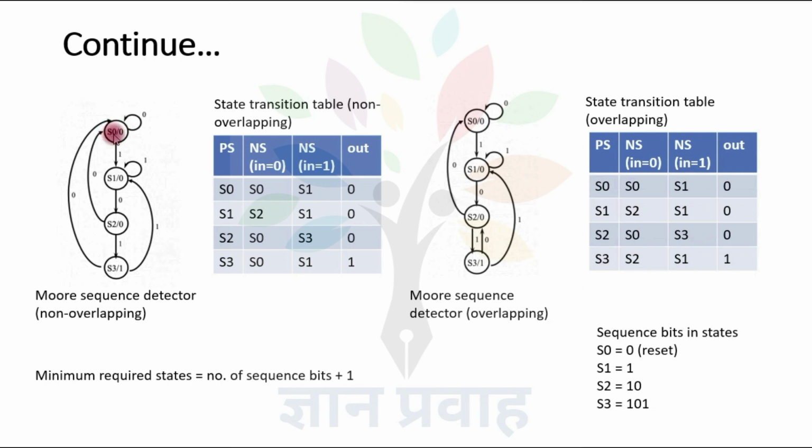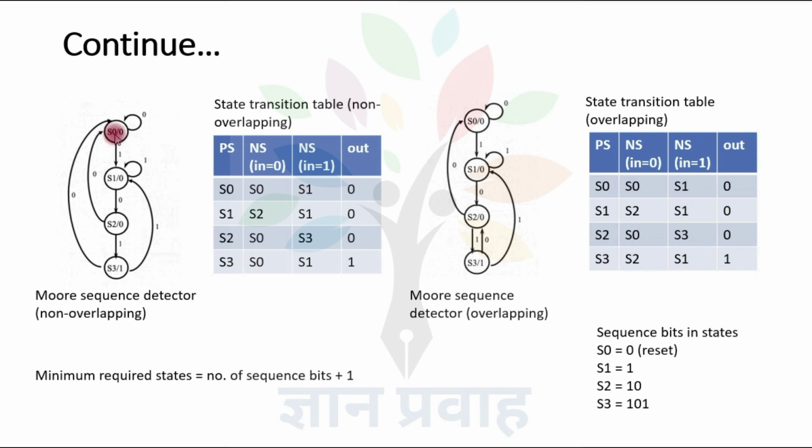At state S0, when the input is 0, the state remains the same, because the state will be changed only when the required sequence bits are coming. It means the first sequence bit is 1. When we receive 1 at the input of the machine, then the state will be changed. Otherwise, the machine stays at the present state.